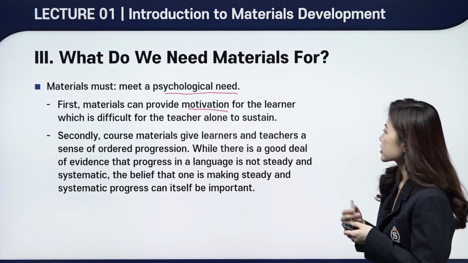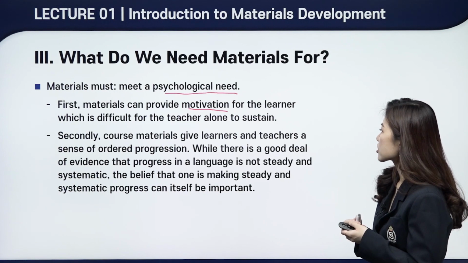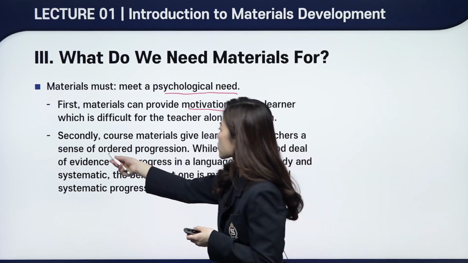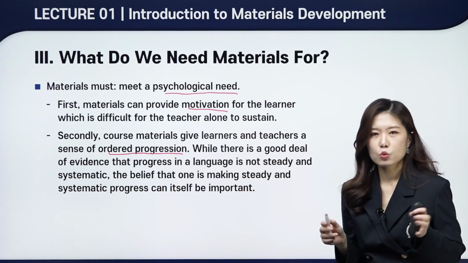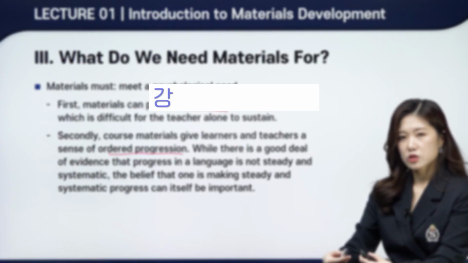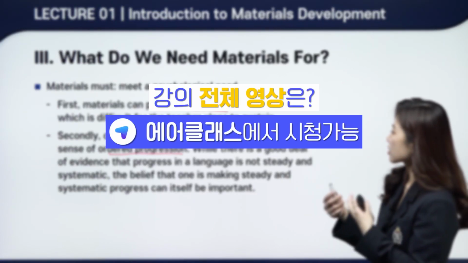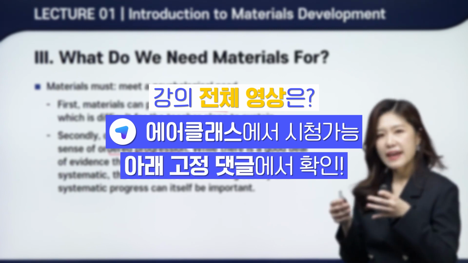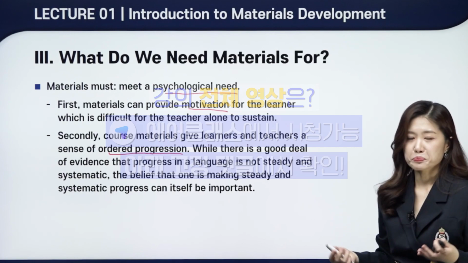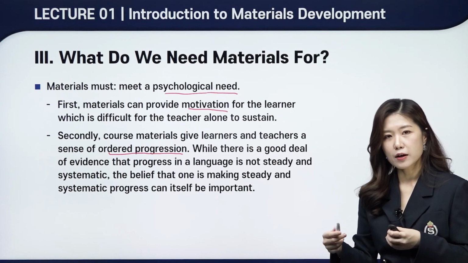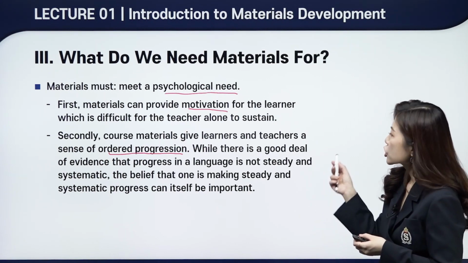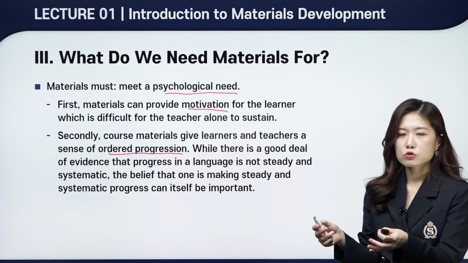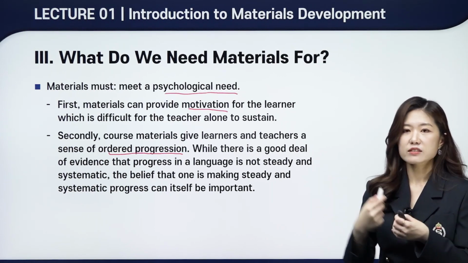Also, course materials can give learners and teachers a sense of ordered progression. So it provides some structure as to what the learning goals are. So what the teachers and learners should be aiming towards. So for example, by the end of the first month of the class, students should be able to talk about objects on the table.